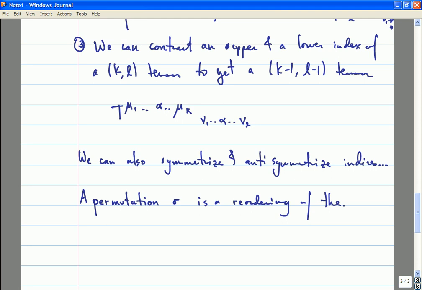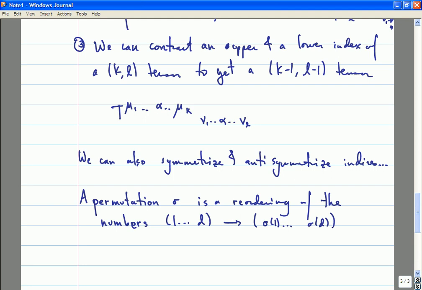So say the numbers 1 up to d. A permutation of d numbers is a reordering of the numbers 1 to d to, say, sigma of 1 up to sigma of d.